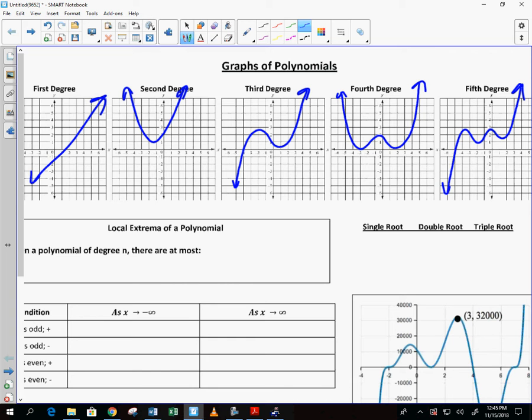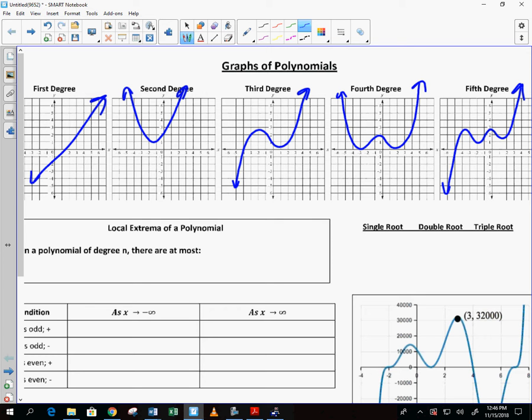We could call them extreme points. This one has one extreme point. Does it have a maximum or a minimum? Minimum. This one has two extreme spots, right? A max and a min. The next one has three. The next one has four. Hey, look at it. Four extreme values, fifth degree. Three extreme values, fourth degree. Two extreme values.